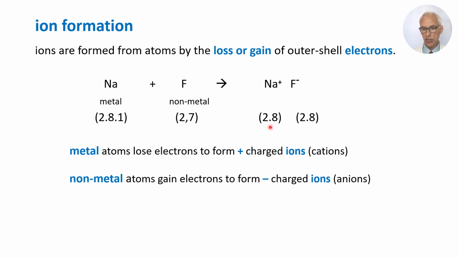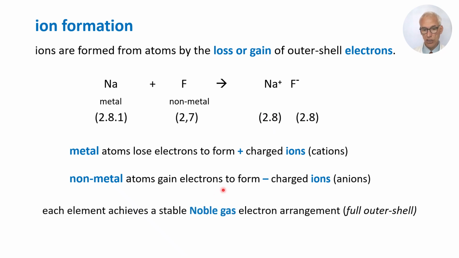Now notice the sodium ion and the fluoride ion. Their electron configurations are those of a noble gas, in fact of neon. So each element achieves a stable electron arrangement, a noble gas arrangement, by the transfer of their outer shell electrons. This may be referred to as achieving a full outer shell.